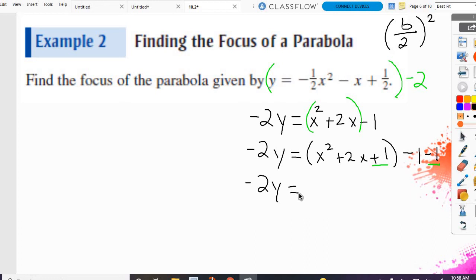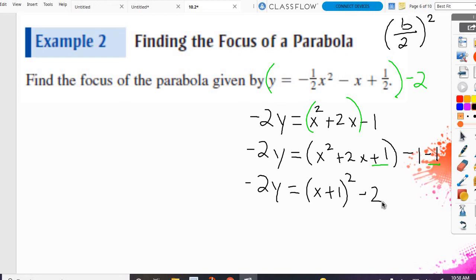So if we don't end up with a perfect square, we did something wrong. So what multiplies together to give me 1 and adds together to give me 2? 1 and 1. So we get something that's a perfect square, like we were supposed to. Yay! And then what do we get on the outside? Multiply by.